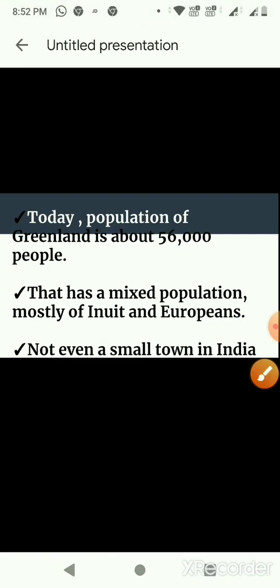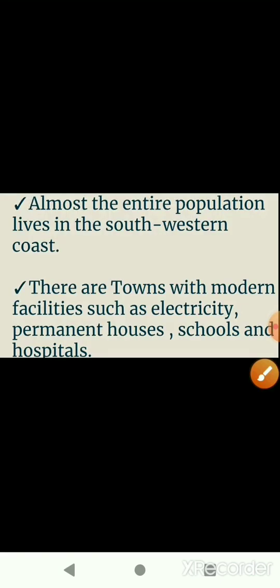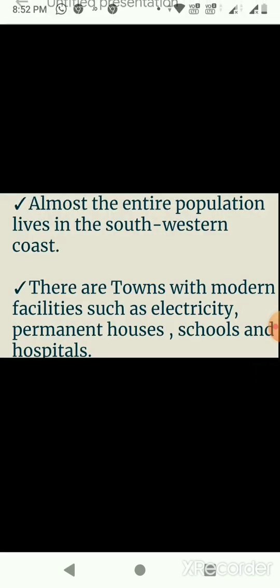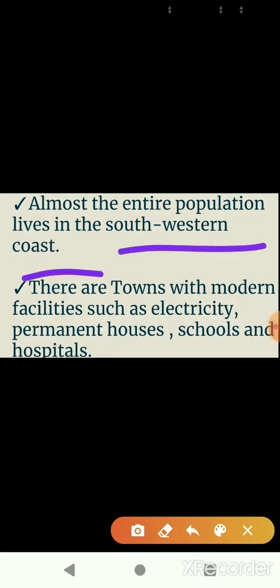Almost the entire population of Greenland lives on the southwestern coast, because it is the warmest, as we saw that the Arctic Circle passes through the southern part of Greenland.